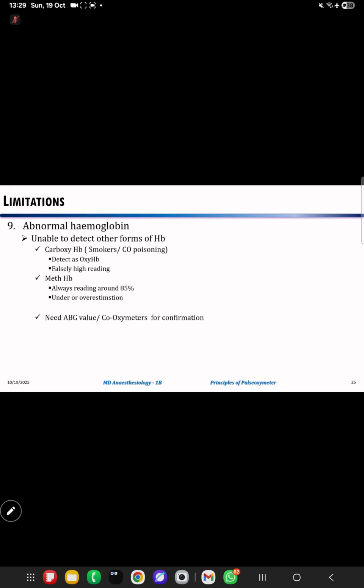The important two varieties are carboxyhemoglobin, which is seen in smokers and also in carbon monoxide poisoning, and methemoglobin, which can be a congenital problem or be caused by several drugs. So if these are present, your final result may be affected. So in smokers who are actively smoking even before the surgery, you might not get the proper pulse oximeter readings.